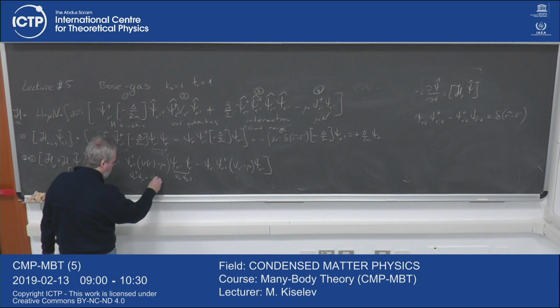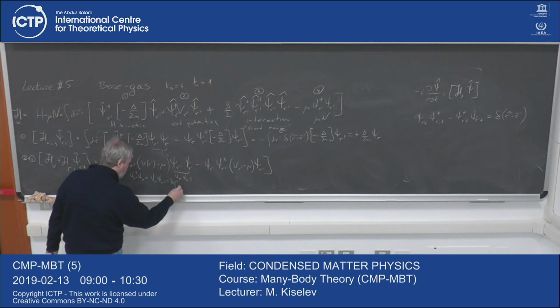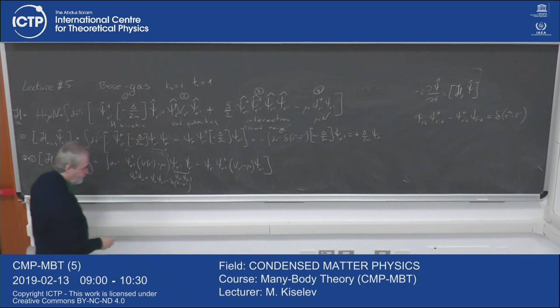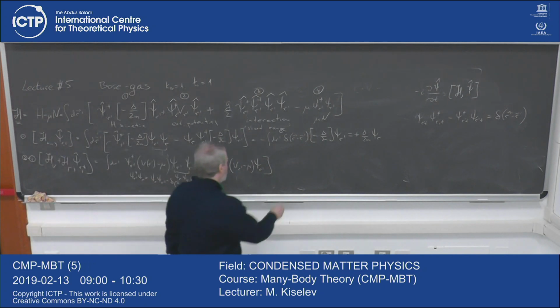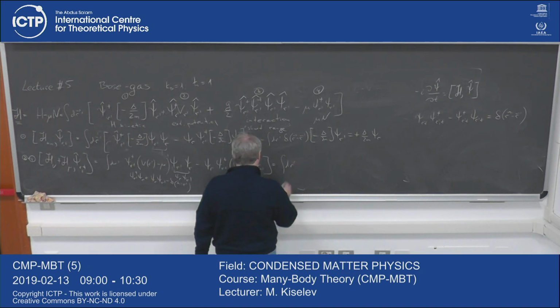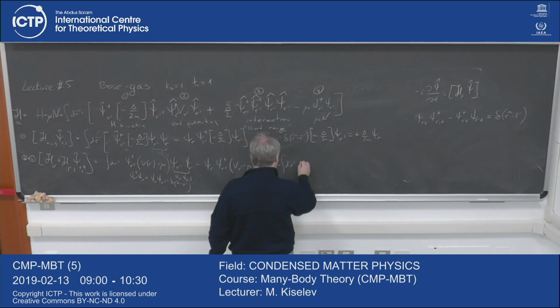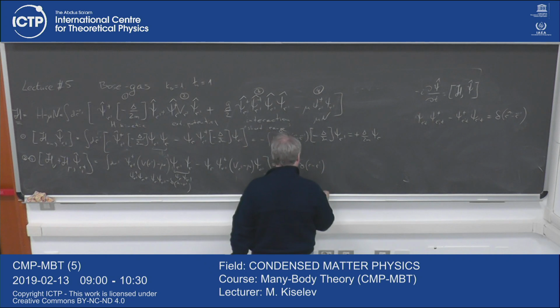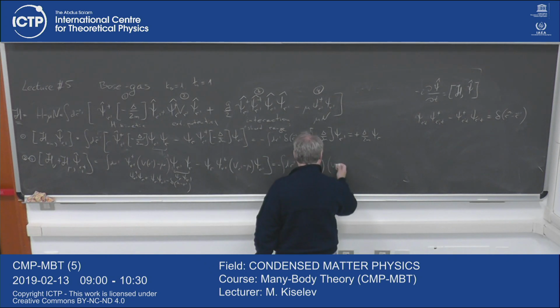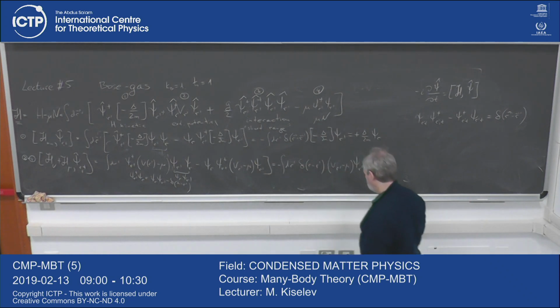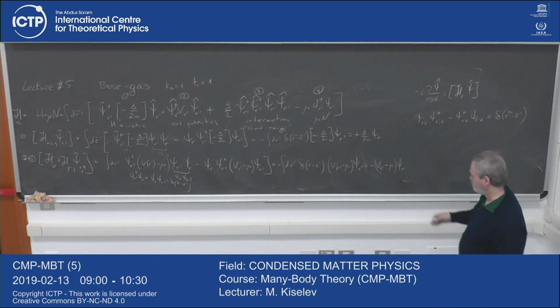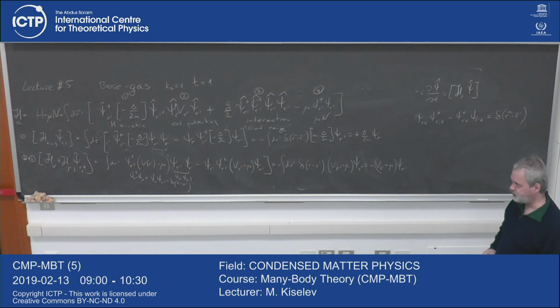I can write it down as psi(r prime) minus delta function(r minus r prime). Therefore, the first term will be cancelled exactly by the second term in the commutator, and what remains is dr prime with a sign minus delta function(r minus r prime), and I have V(r prime) minus mu acting on psi(r prime). So this is minus V(r) minus mu times psi(r).